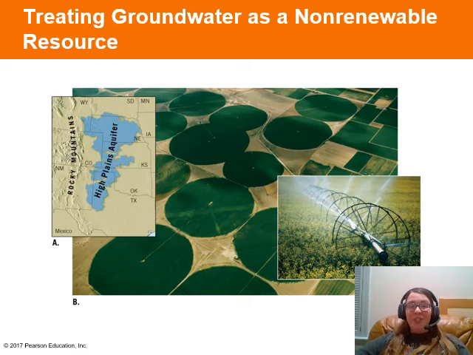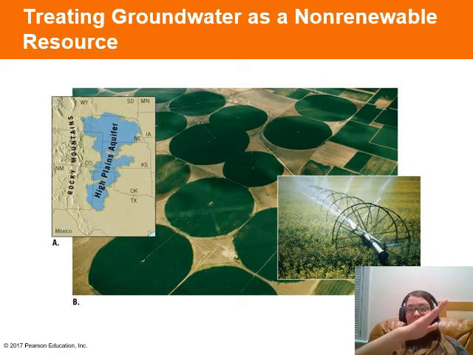So here we can actually see where farmers have irrigated their crops. We can see them in these very vivid green circles. And this is because there are these long arms that go off and then spin around, watering all of the plants underneath them. But right now, our technology for watering our plants is not very great. What we do is we cause that water to just go up into the air.